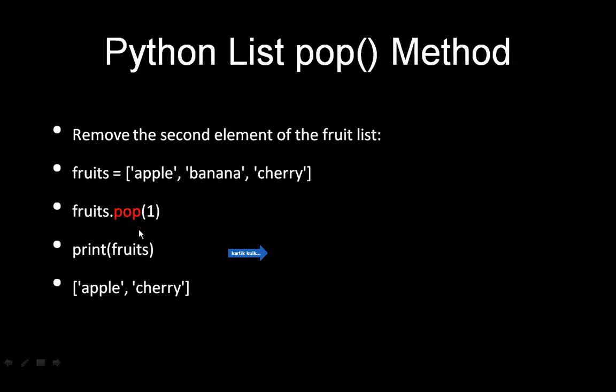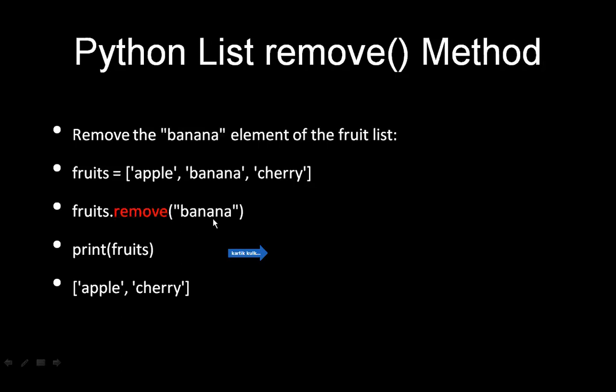In the pop method we specify the index number, whereas in the remove method we directly specify the string value itself, the element value itself. Here I want to remove the banana, so I have specified banana in the remove method. When I print the fruits, I will get the output as apple and then cherry.